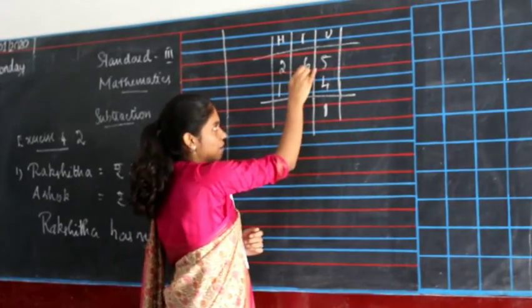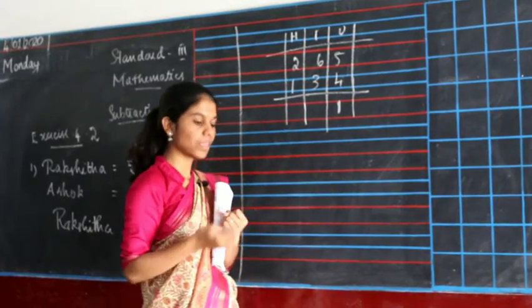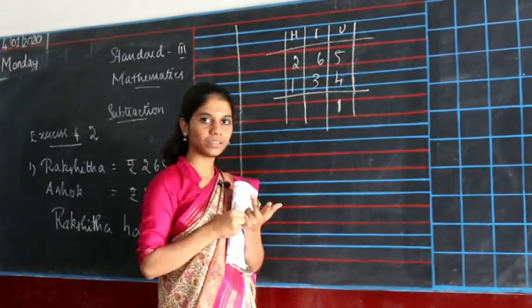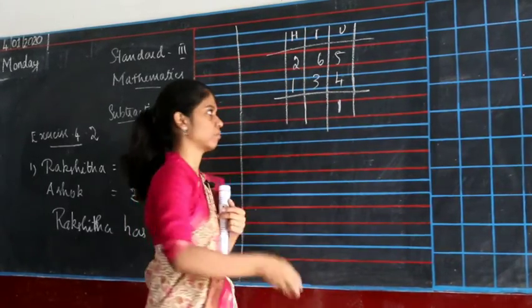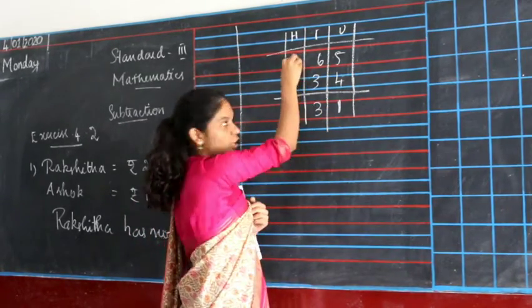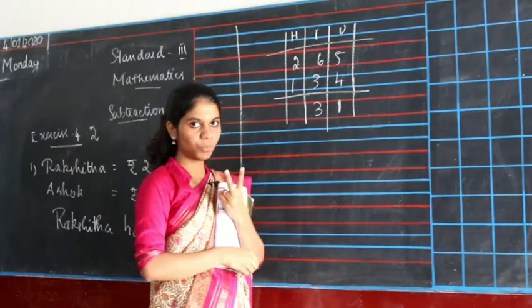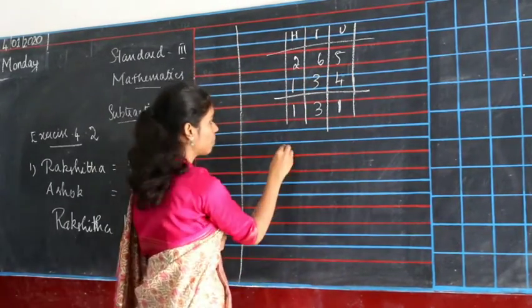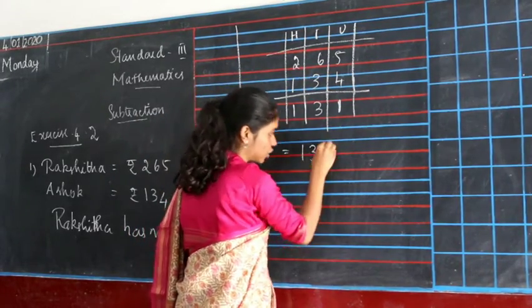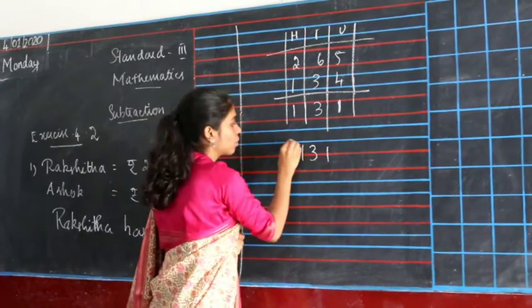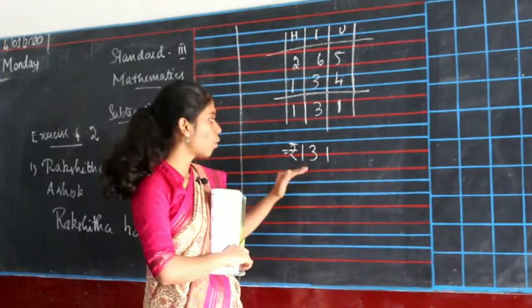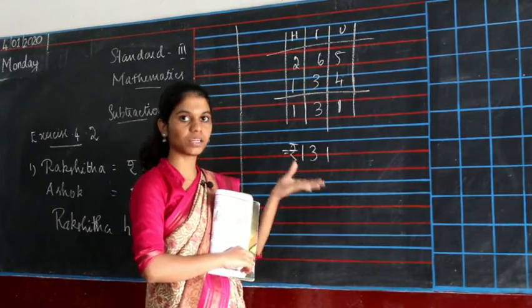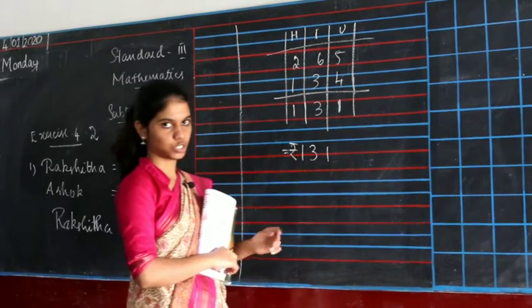And here you have 6 and here you have 3. 6 minus 3 is 1, 2, 3. So here you have 2, here you have 1. 2 minus 1 is 1. So Rakshita has more money by 131 rupees. She is having 131 rupees more than Ashok.